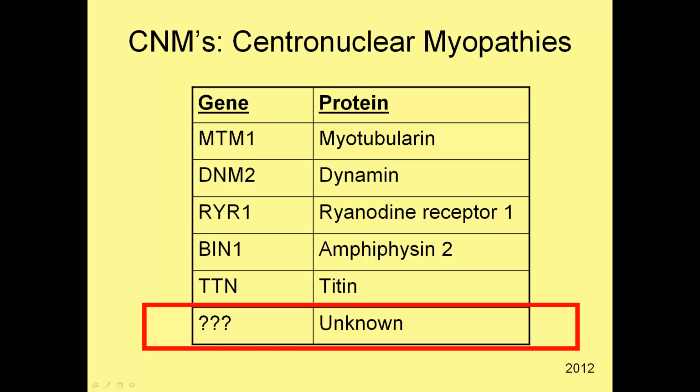So obviously there's lots of different genes that could be affected, with a genetic mutation within the gene that causes an abnormal or dysfunctional protein, and then that causes a muscle disorder with a centronuclear pattern on biopsy, and thus a centronuclear myopathy.